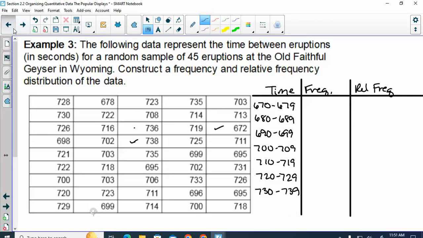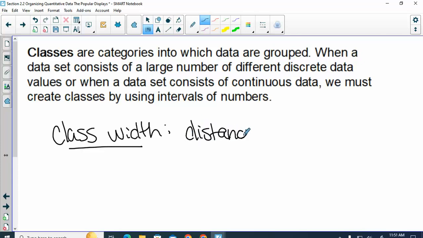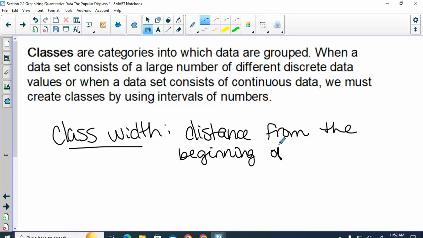Something that I should mention on this, the class width, it's the distance from the beginning of one class to the beginning of the next.